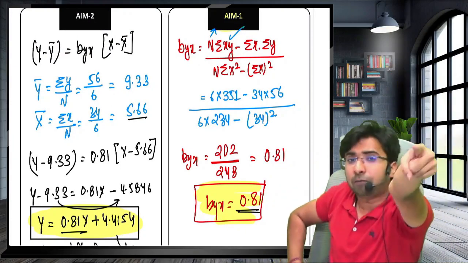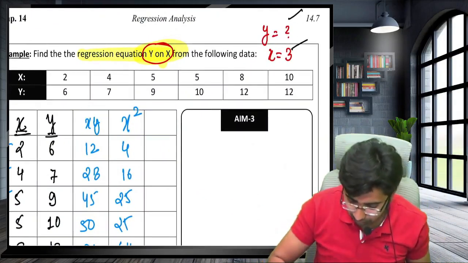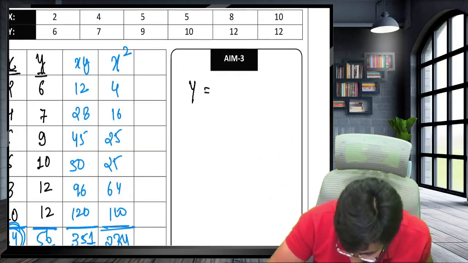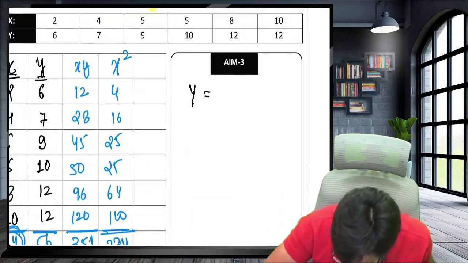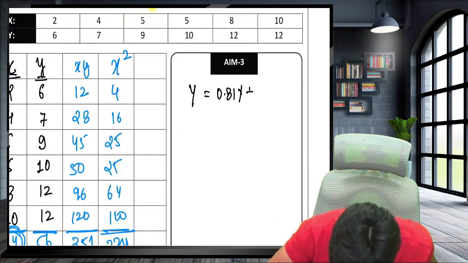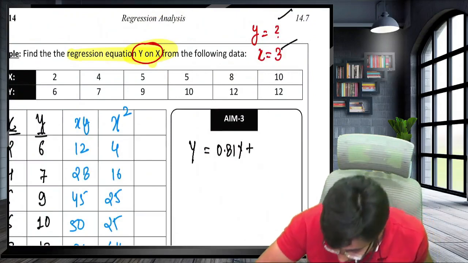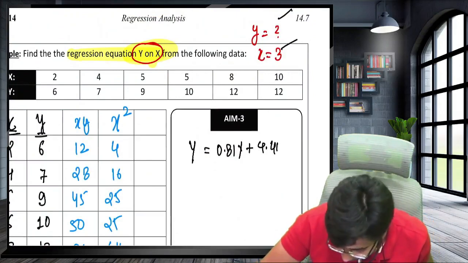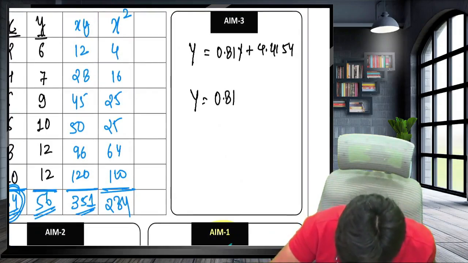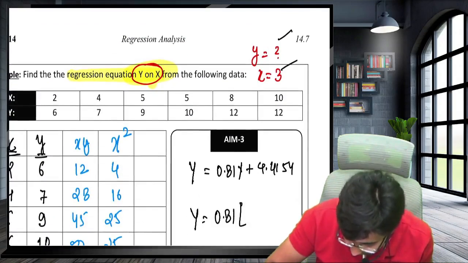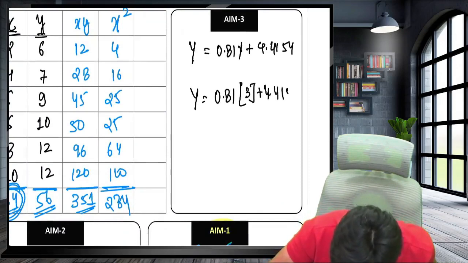Guys, what was your final aim? Sir, to estimate the value of y when x is 3. Sir, now I am having the equation y equals 0.81x plus 4.4154. Sir, I need to find y when x is 3. Let's put x equals 3: 0.81 into 3 plus 4.4154.